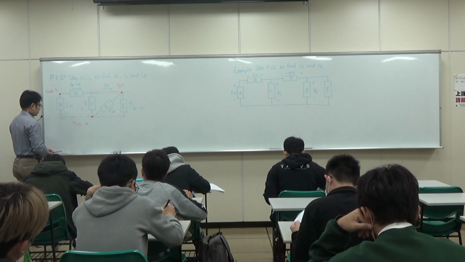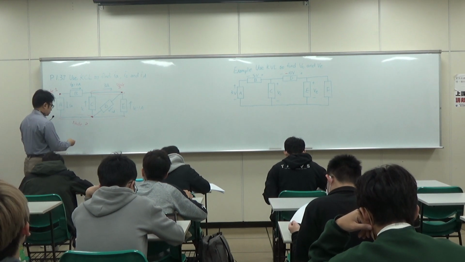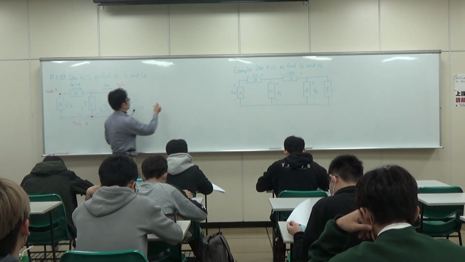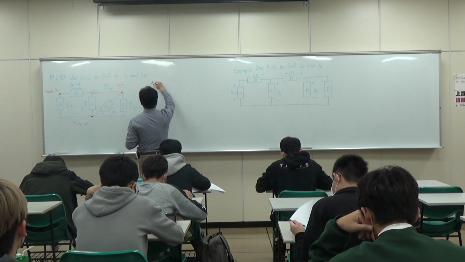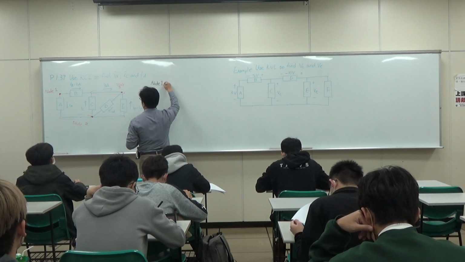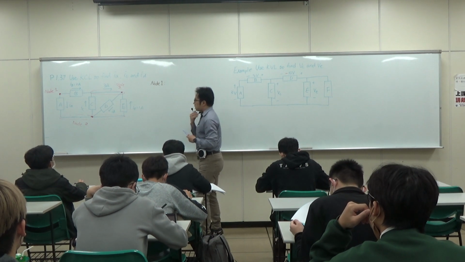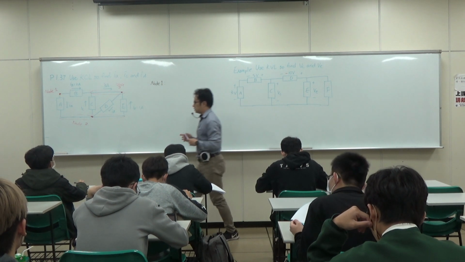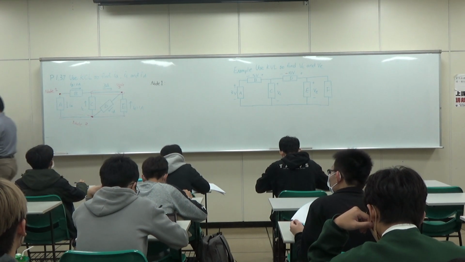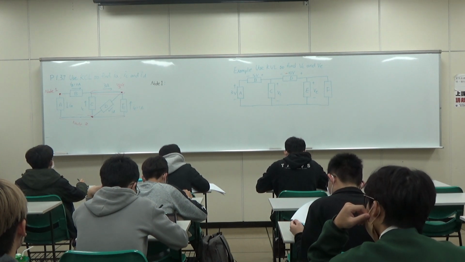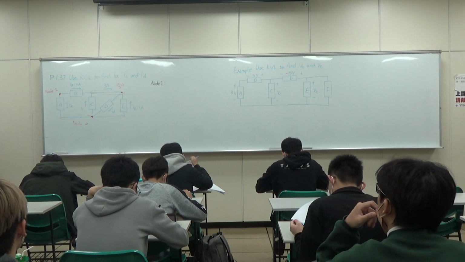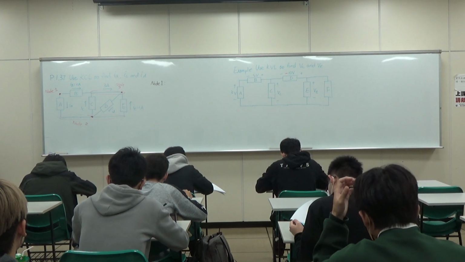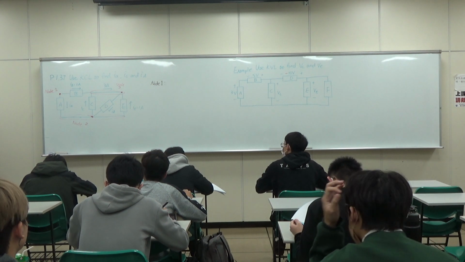So if we look at node 1, how about I just write down the equation for you. But you have to calculate on your own. So KCL tells us two things. So if you have your notes, because we talked about KCL last time.